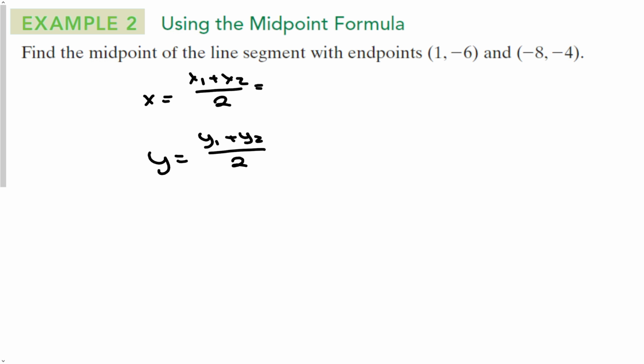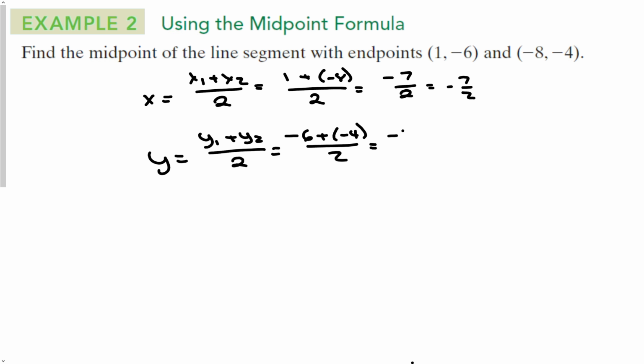So for the first one, we get 1 plus -8 over 2, which would be -7 over 2. And the next one would be -6 plus 4 over 2, which gives me -10 over 2, which is -5.